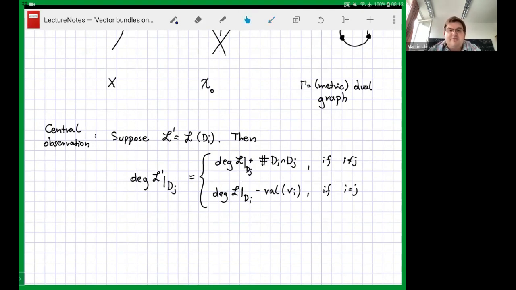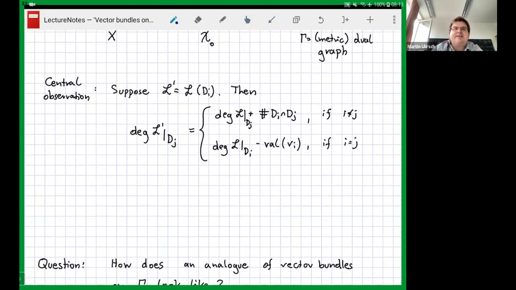So in a certain way, this produces for you a piecewise linear map, or a rational map, on the metric graph as follows.